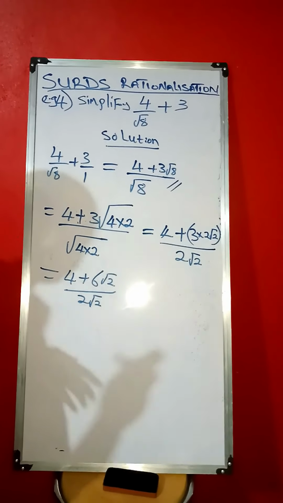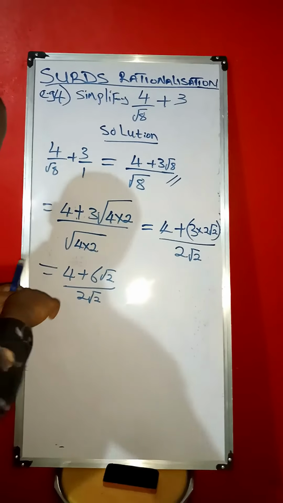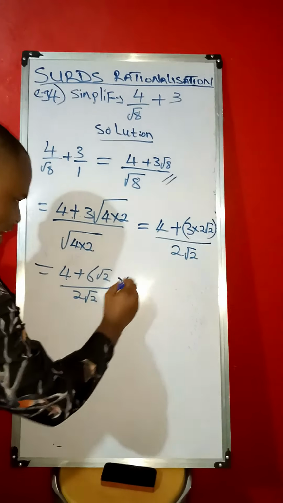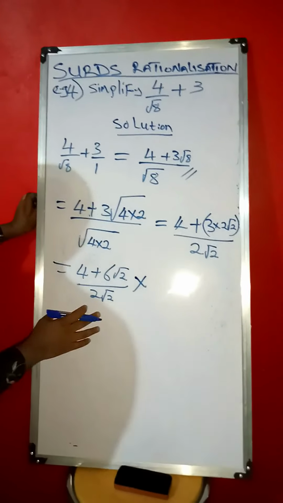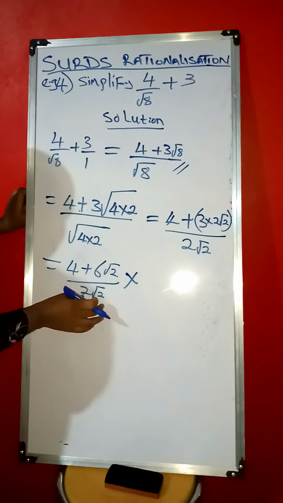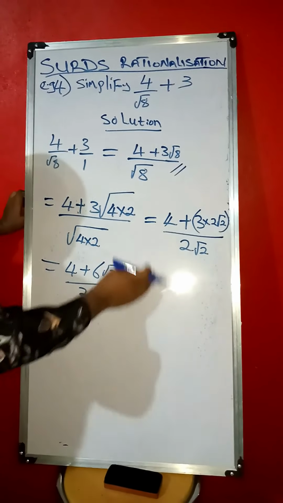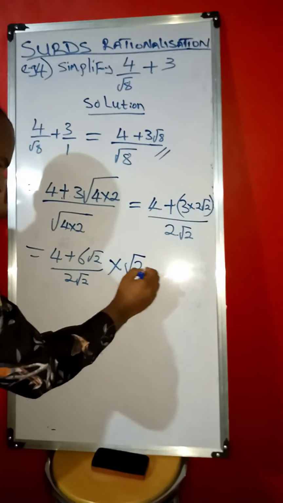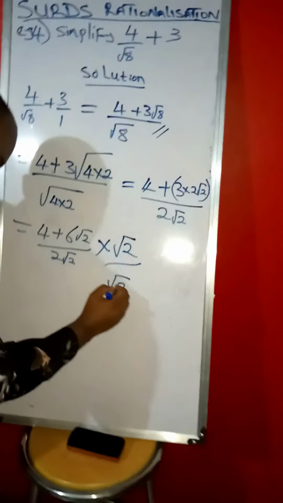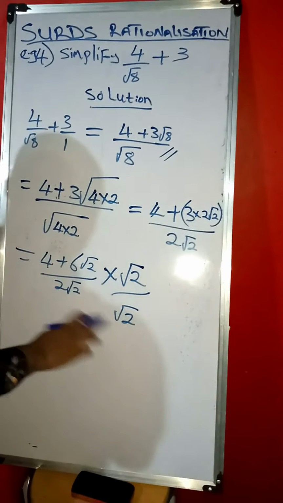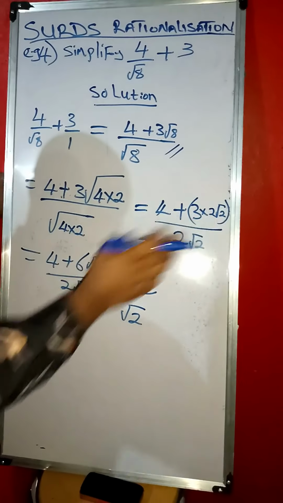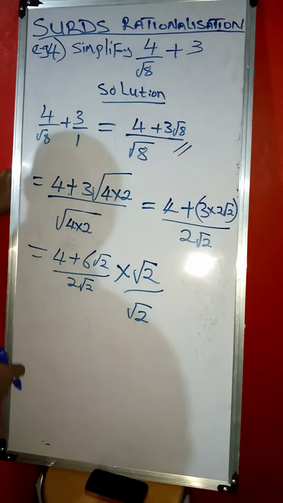Remember our example 1. All I need to do is I will now multiply by the irrational number here. Don't forget this is different from conjugate because it's just a single number here. So I can multiply by root 2 all over root 2. The essence of multiplying by root 2 is once root 2 multiplies root 2, it becomes root 2 squared, so that the square will cancel the square root.